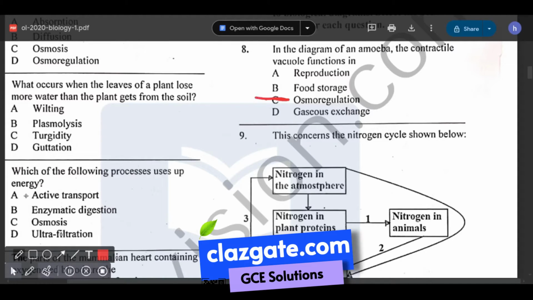The contractile vacuole is a sac-like organelle found in single-celled organisms including amoeba, and its main function is to regulate the water balance within the cell. So that's osmoregulation.